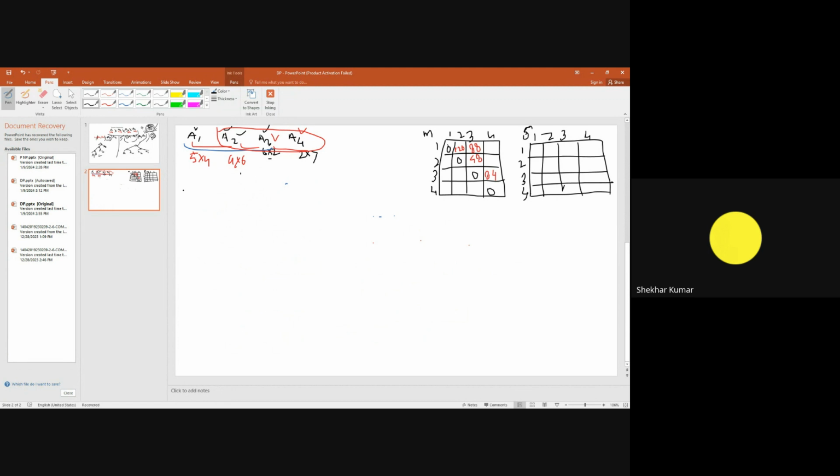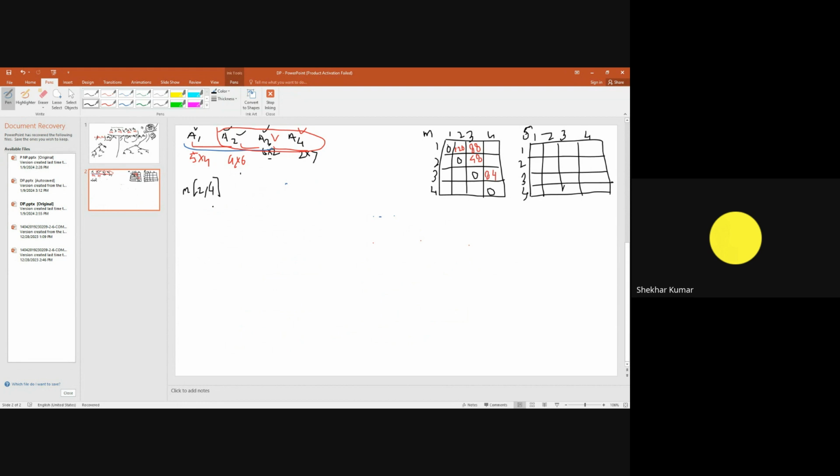So that will be M[2,4]. We can multiply these three matrices in two ways.